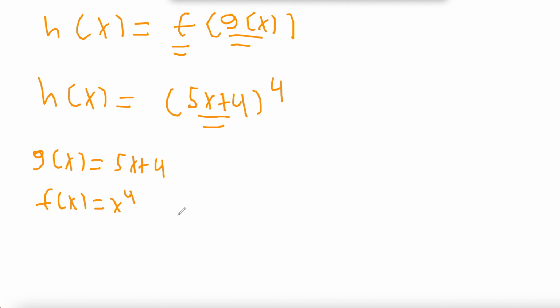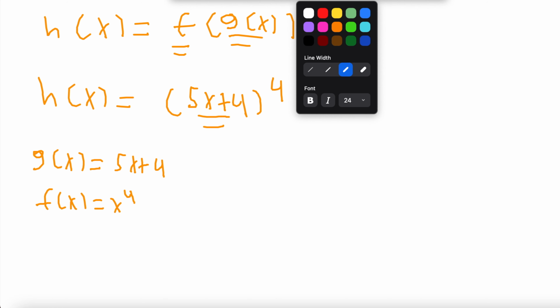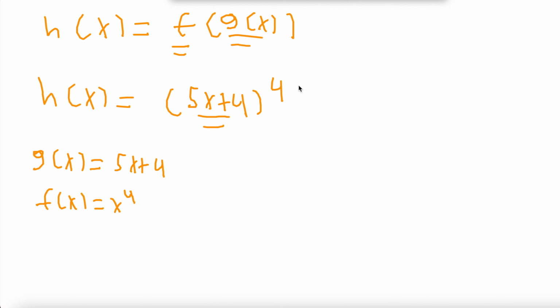Okay, so since we have that down, we want to take the derivative of h of x. So let me write now the process of the chain rule in another color. Blue, let's do that. So what I want to do is take the derivative of x to the fourth power first, our outer function.